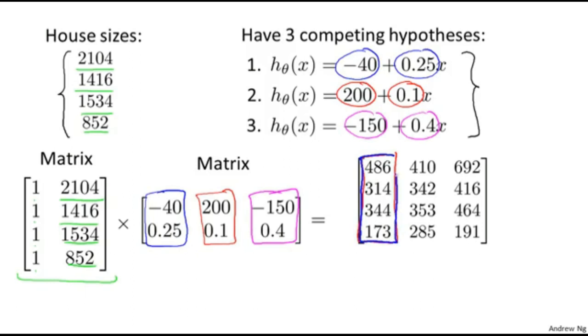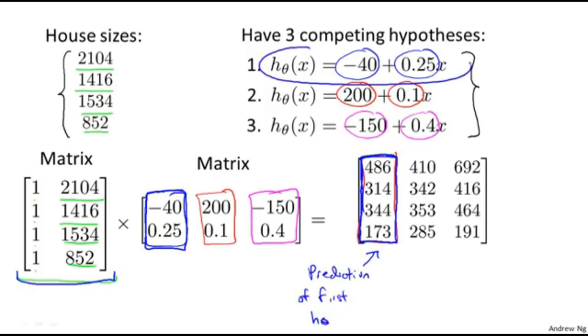Well, how do you get this first column? Our procedure for matrix-matrix multiplication is, the way you get this first column is you take this matrix and you multiply it by this first column. And we saw in the previous video that this is exactly the predicted housing prices of the first hypothesis, right, of this first hypothesis here.